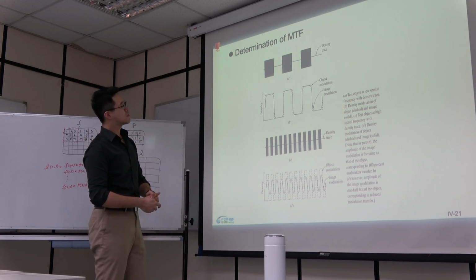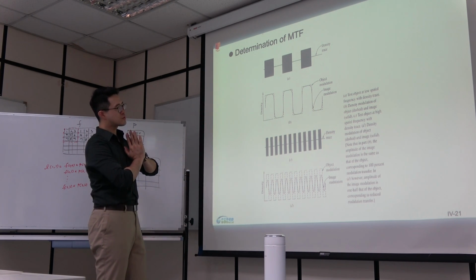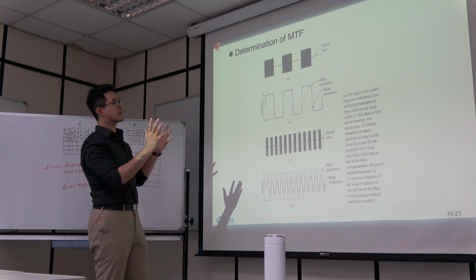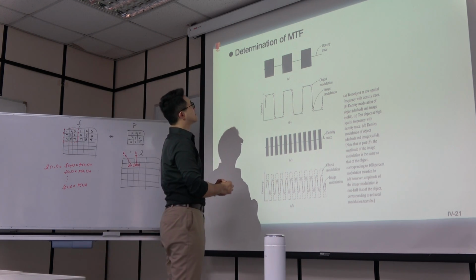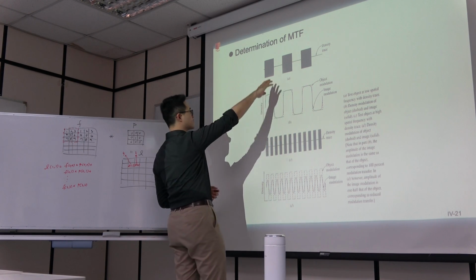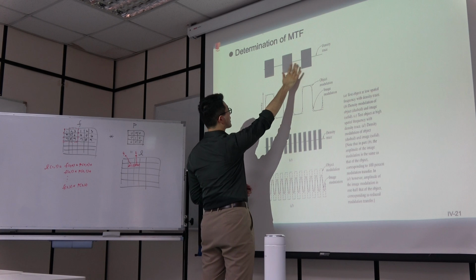But here is the other way, which tries to represent the same process. Let's say you have a test pattern here with black, white, black, and white.